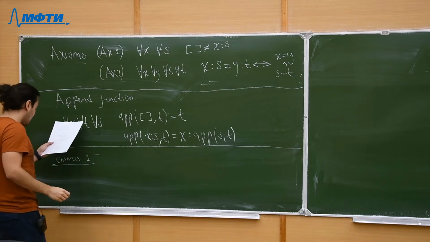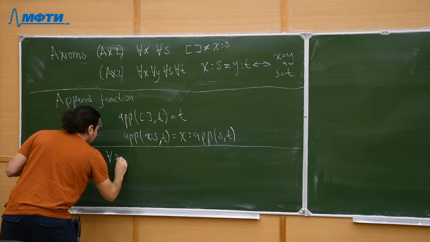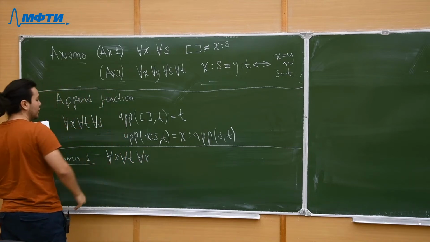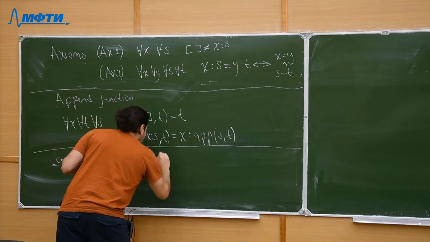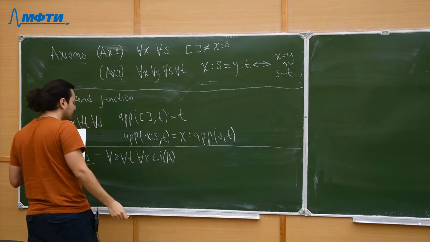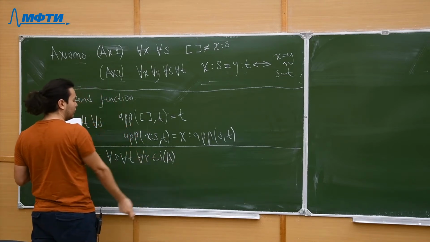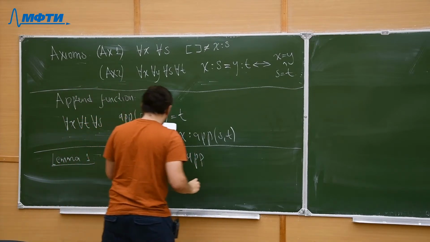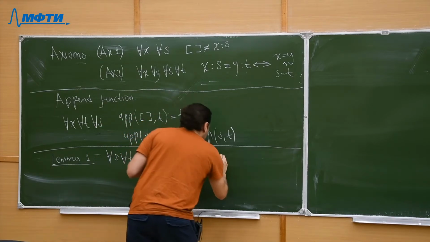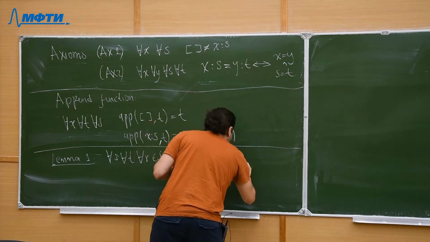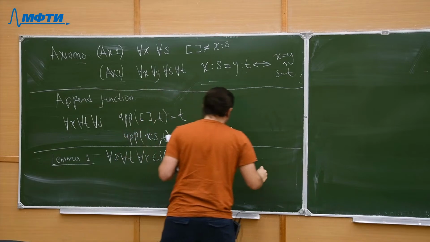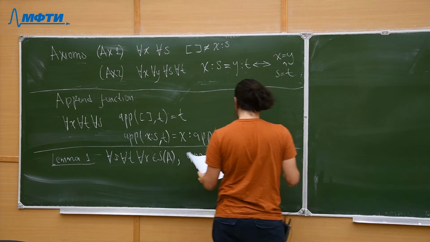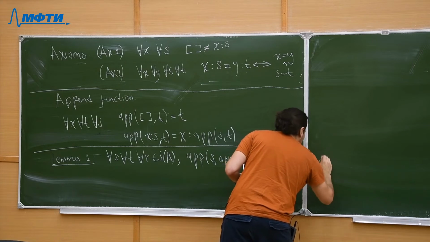You proved that for all S, T and R, which are strings belonging to SA, the set of all the strings in the alphabet A, it holds that app(S, app(T, R)) is equal to app(app(S, T), R).